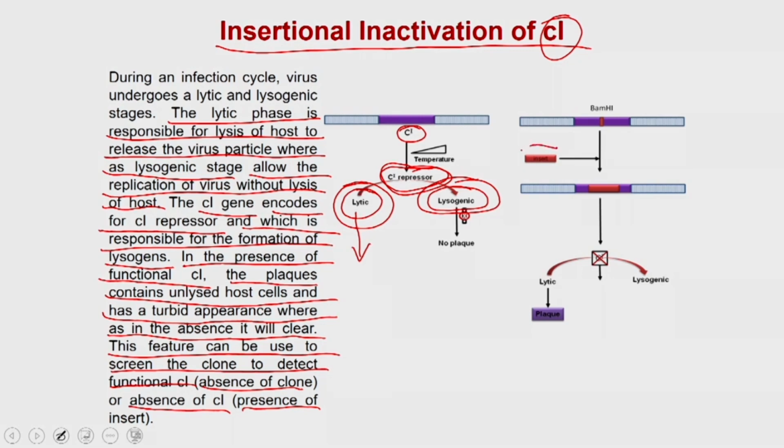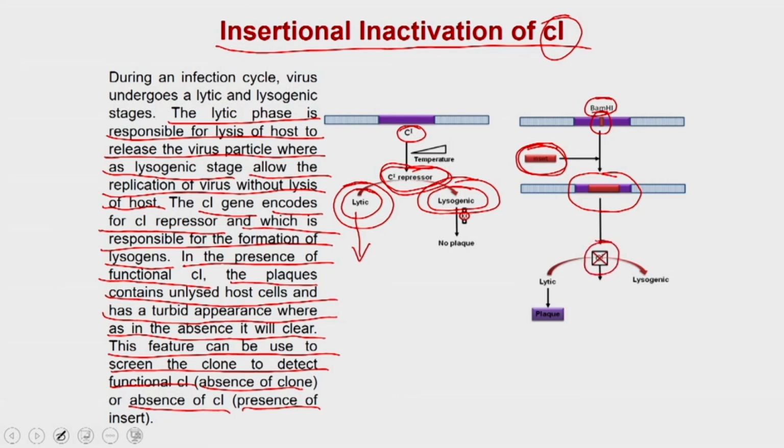So, once you take your recombinant gene and insert it into the CI gene with the help of BamHI, you are not going to generate the functionally active CI protein.